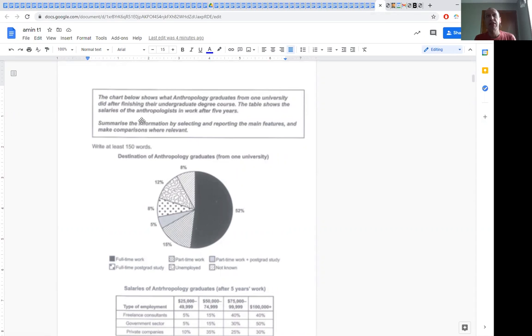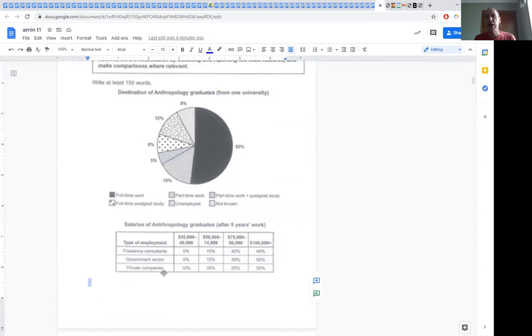The table shows the salaries of anthropologists in work after 5 years. So those that had work, this is their salaries. So you notice the salaries are divided into 4 different ranges, or what we call salary brackets. Okay.